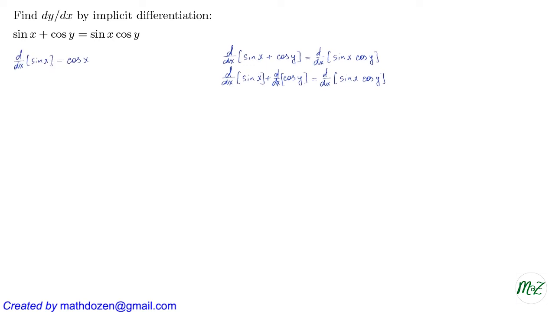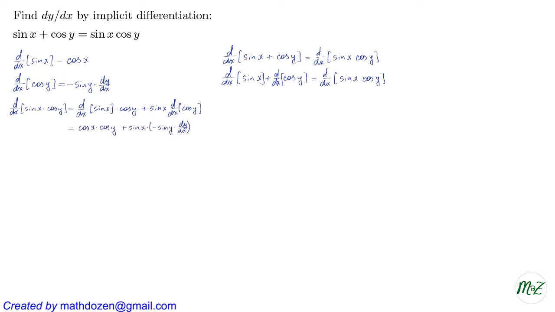So breaking it up into small portions, we have the derivative of sin x is equal to cosine x, then derivative of cosine y is, by the chain rule, negative sin y times dy over dx. And then derivative of sin x times cosine y, by the product rule, is derivative of sin x times cosine y plus sin x times derivative of cosine y.